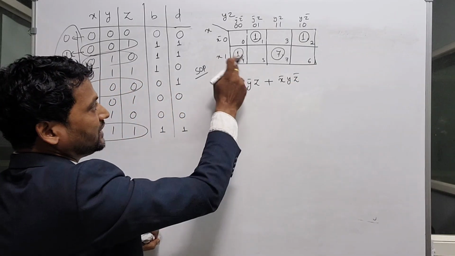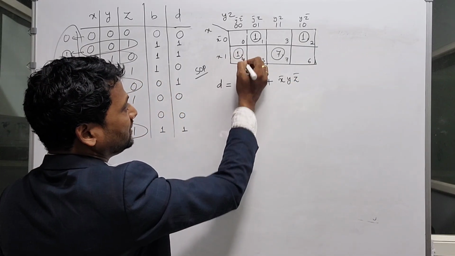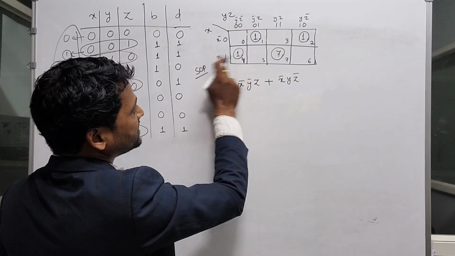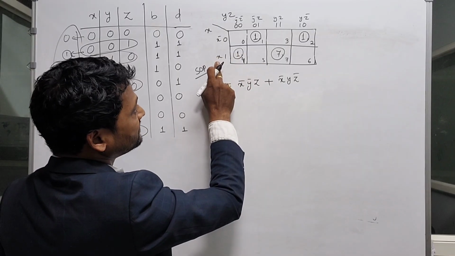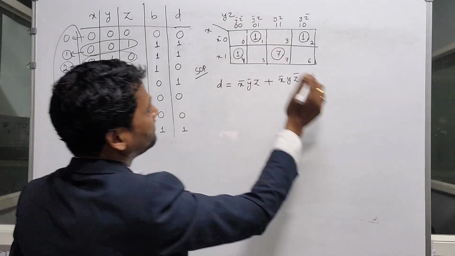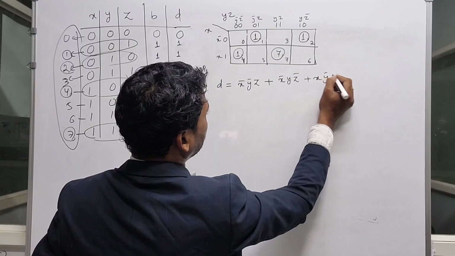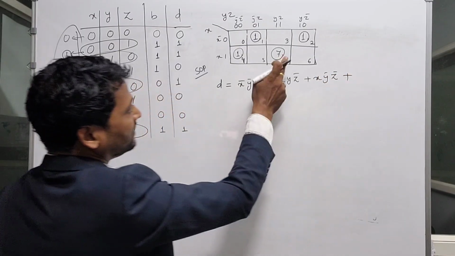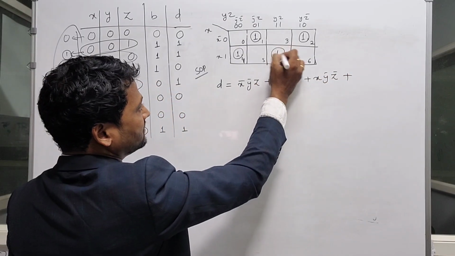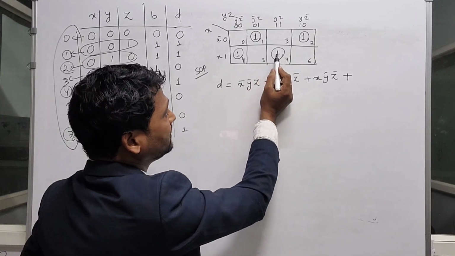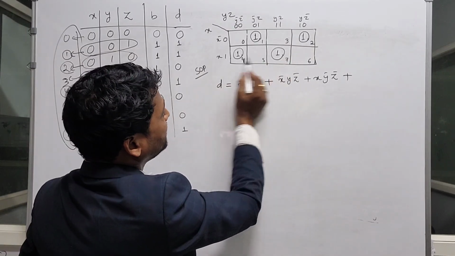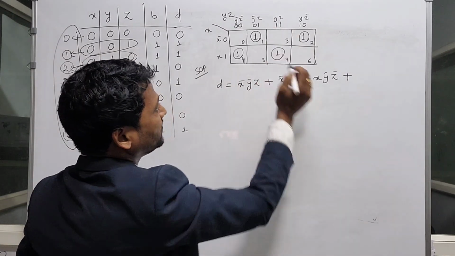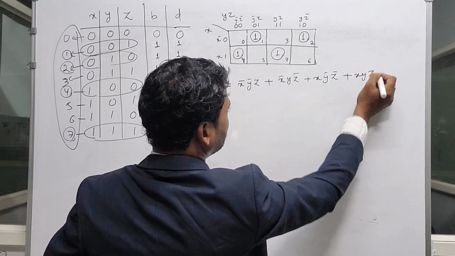Next, the one in fourth place: the row is x and the column is y bar z bar, so x y bar z bar, plus the last one, where the row is x and the column is yz, so x y z.